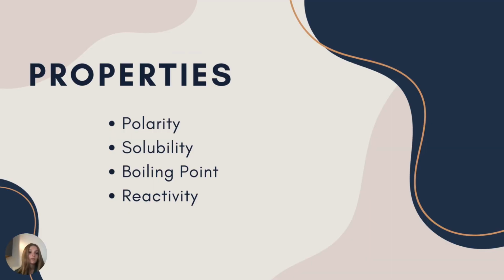The properties that we're going to be talking about are polarity, solubility, boiling point, and reactivity. So understanding these properties can better help us understand compounds, especially when we know that a functional group has certain properties. So for example, when we're talking about polarity, polar molecules dissolve better in water. So we know that these are going to be things like our alcohols or our amines.